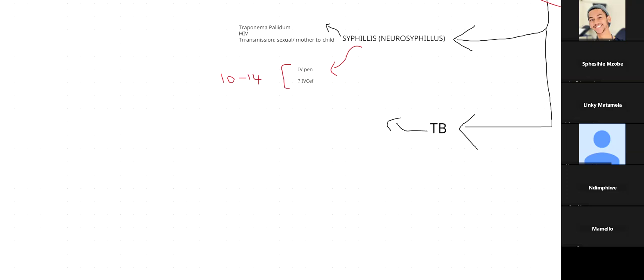If the patient already has existing TB, the TB can obviously spread hematogenously to the brain, causing TB meningitis. So patients with pulmonary TB, and more common in the HIV population, and that's why I'm going to put HIV here.